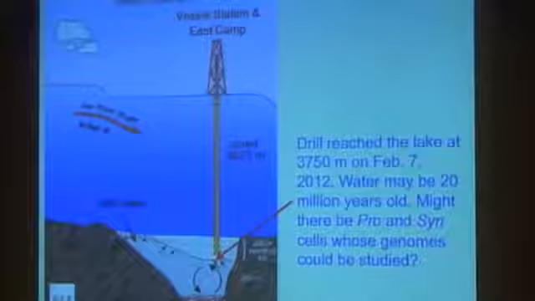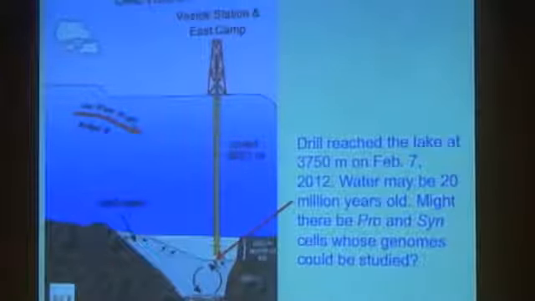This is my last slide, and this is a rendition of what was finally achieved by the Russians. This was their biggest and most prestigious program, and they fought with members of other glaciological and biological communities for many years over when they had developed a technique that was safe enough that when they drilled through the last meter of ice into the ocean water, or water, we don't know what it is, it wouldn't contaminate it.